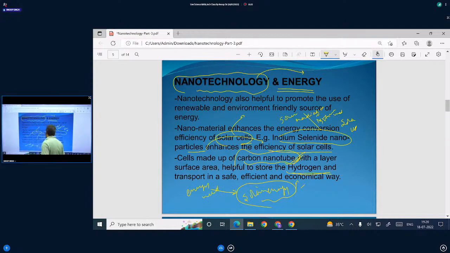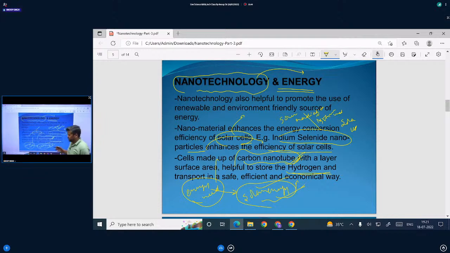And if these solar cells are made up of nanomaterial, then automatically its efficiency will enhance. So this particular need we can fulfill at large scale. Got it? This is an important thing.